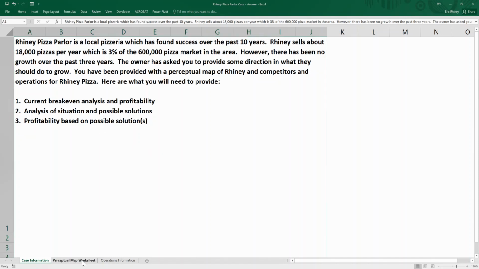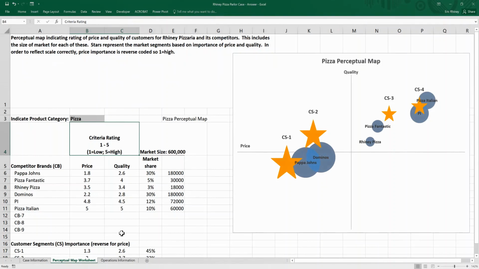All right, so the first thing we need to do is look at the information we've been provided. Here, we're provided with a perceptual map of Riney Pizzeria and its competitors. You can see here that there are 6 competitors.